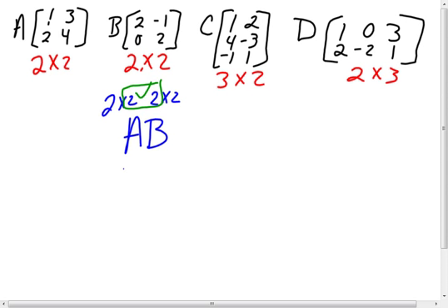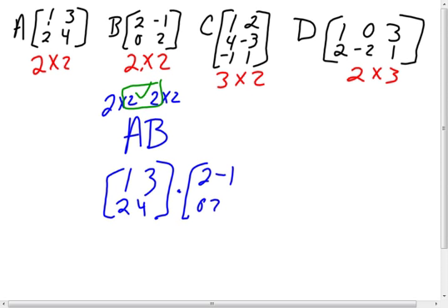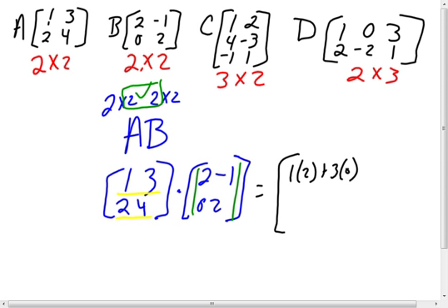So if those two match, and they do, that means we can multiply these two together. So let's write them out and multiply. A is 1, 3, 2, 4 times B, which is 2, negative 1, 0, 2. And what we're going to use are the rows of A and the columns of B. So to get this answer, the first place at the top left would be 1 times 2 plus 3 times 0.